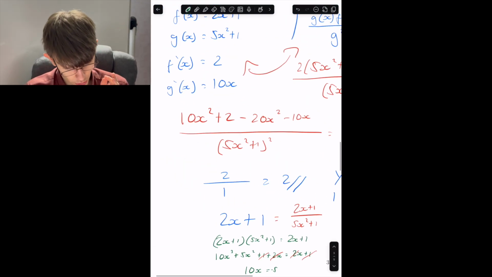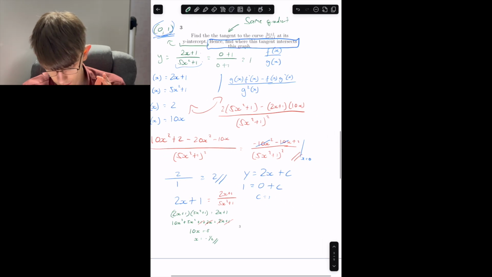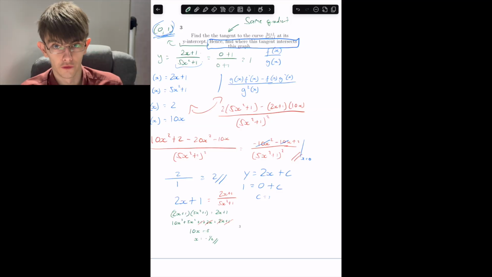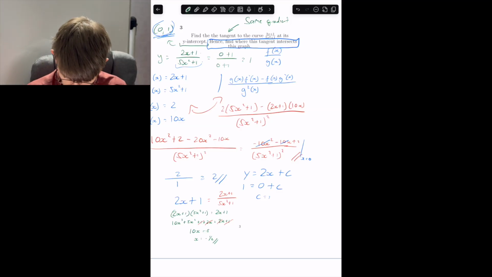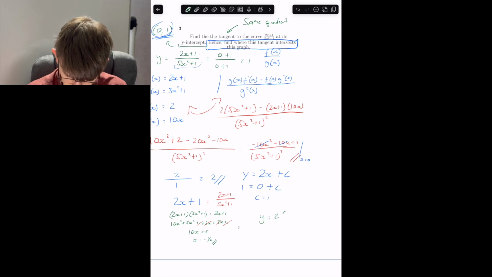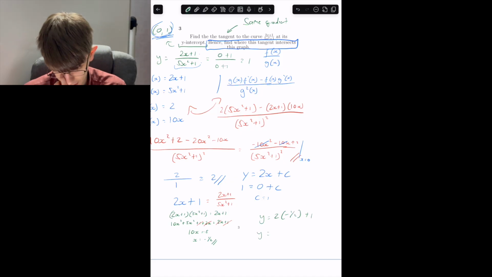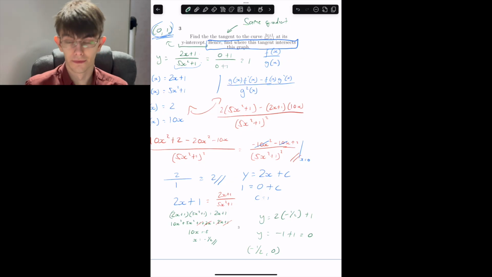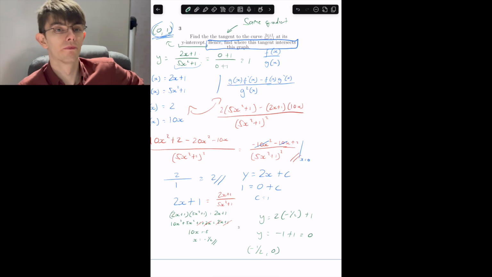One is the one we already knew about, the y-intercept at (0, 1). But one is also when x is minus a half. And if we want that y-coordinate, y equals 2 times minus a half plus 1. 2 times minus a half is minus 1, plus 1 is 0. So actually, my other option is the x-intercept at (minus a half, 0).